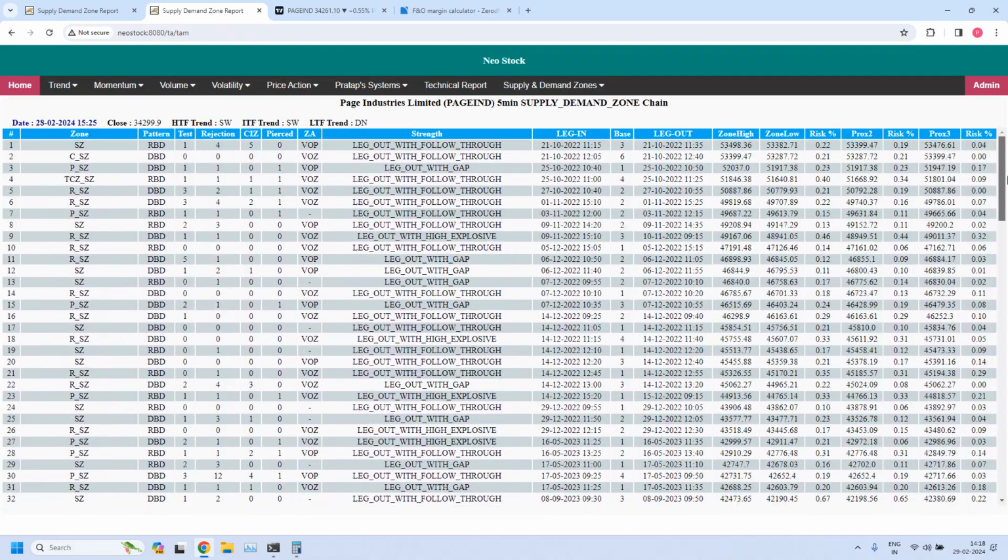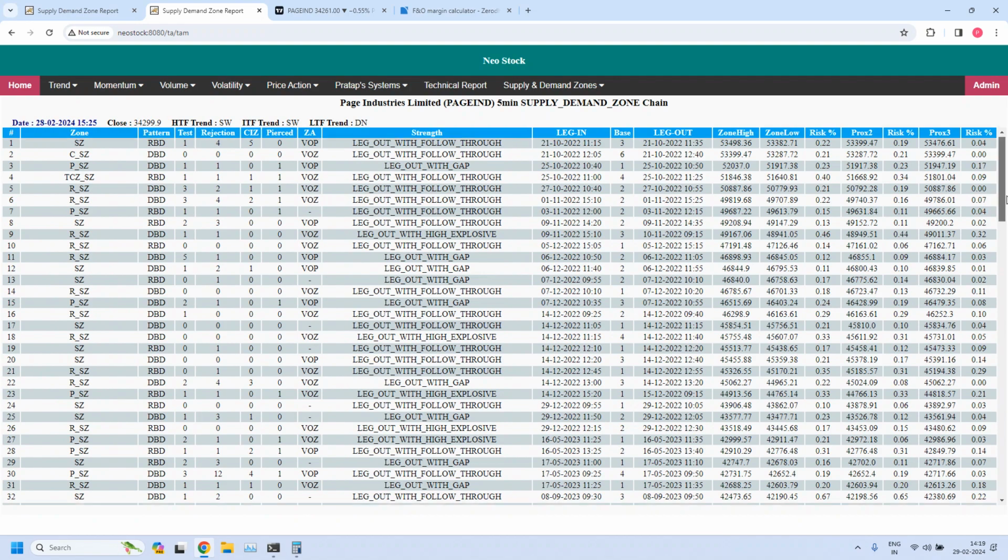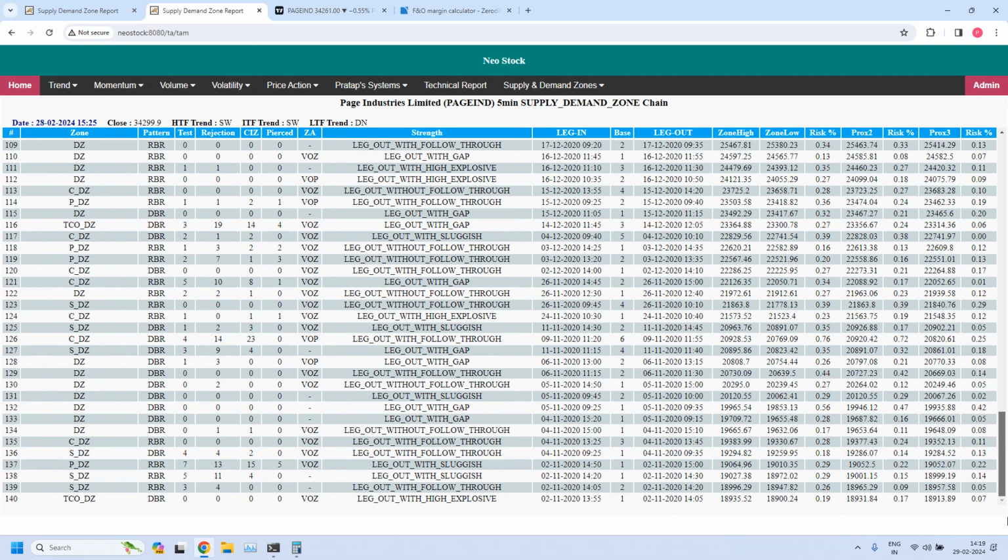The NeoStock database has 15-minute and 5-minute data for the last 4 years, from somewhere around October 2020 onwards. The first zone is in November, so from around October or November onwards we have the data from the year 2020. But this zone is 2021.